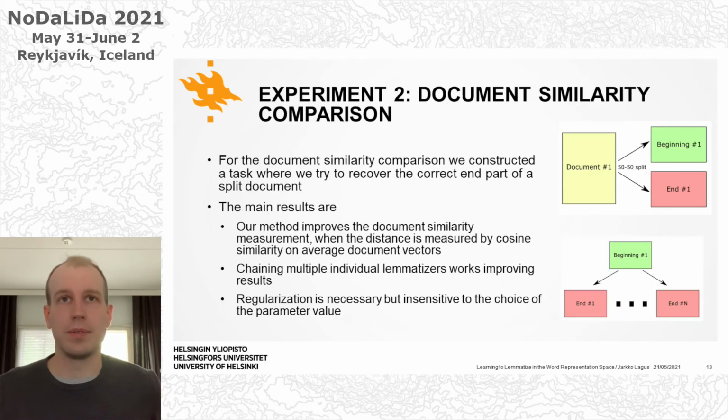For the second experiment, we tried out this document similarity comparison. We had to create an artificial dataset where we took a document, split it half and half, and then combined all these end parts and tried to retrieve, for each beginning part, the corresponding end part. This is done by ranking: for each document you compare all the n ending parts and see which one is the closest.